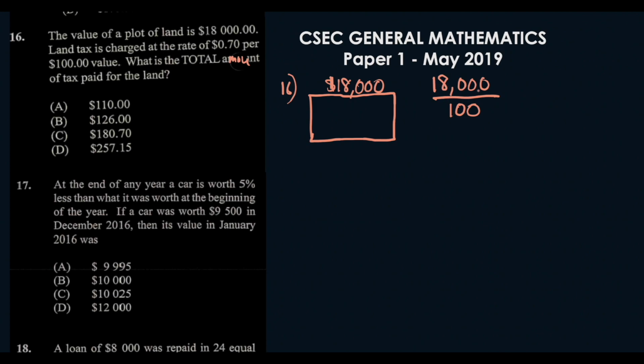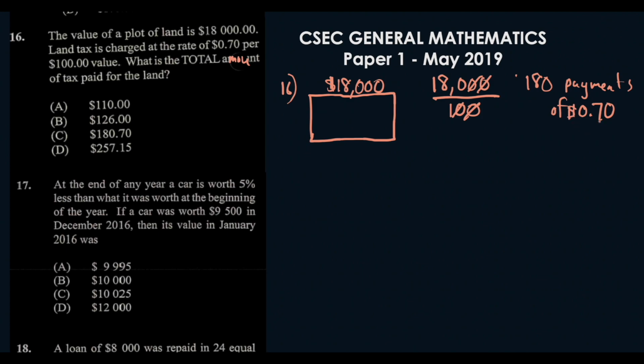So 18,000 divided by 100, again, get rid of these, so we're left with 180. So what this is saying is that we now need to pay 70 cents 180 times, because this 180 means that we have 180 payments of 70 cents, right?